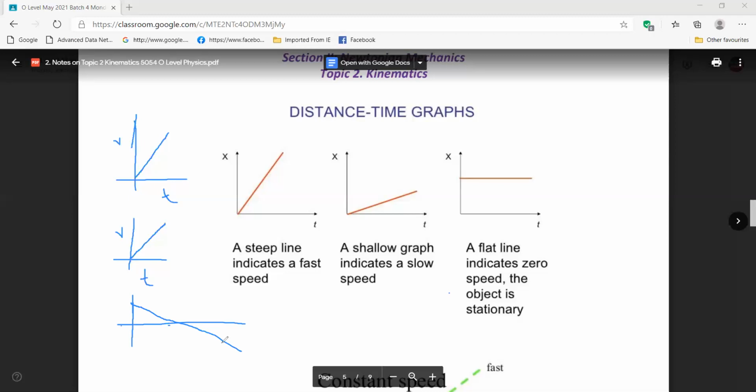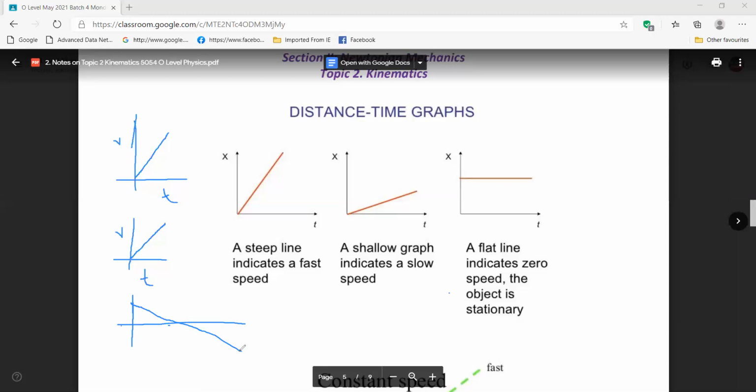Sir, what if we took going upwards as positive velocity? Yes, going upwards, we are considering it as positive velocity. That's why coming down, we are considering it as negative velocity. If you are taking one as positive, the other will be negative.